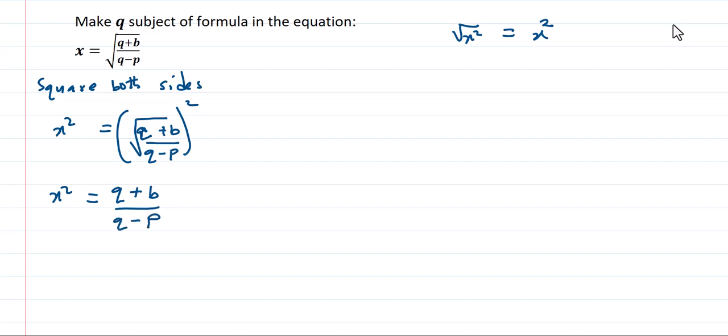Let's cross multiply so that we'll have x squared bracket q minus b is equal to q plus b. Let's distribute. I'm not writing this down because from the onset of this video, I've been writing the whole process down. So I'm just solving straight right now. Let's distribute. We now have x squared q minus x squared b is equal to q plus b.